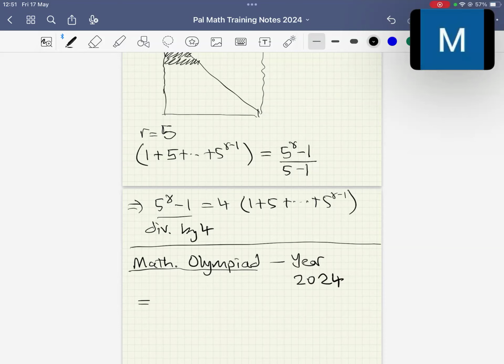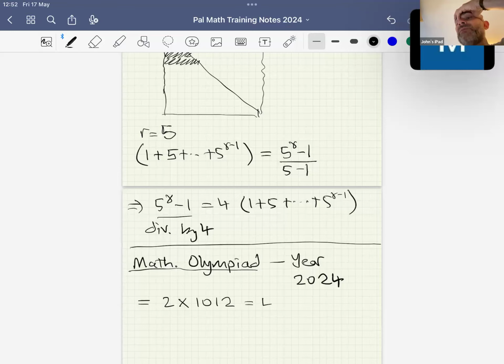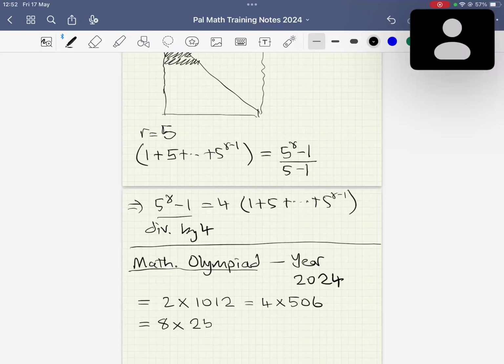No, no. So it's 2 times 1012, which is 4 times 506, which is 8 times 253.